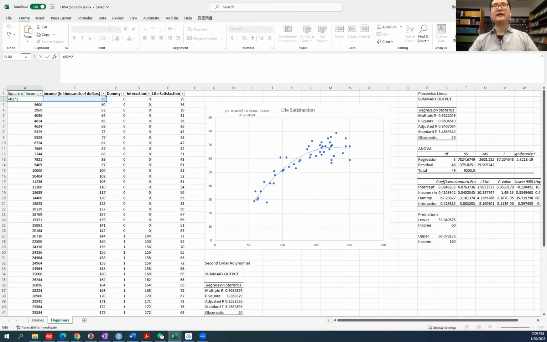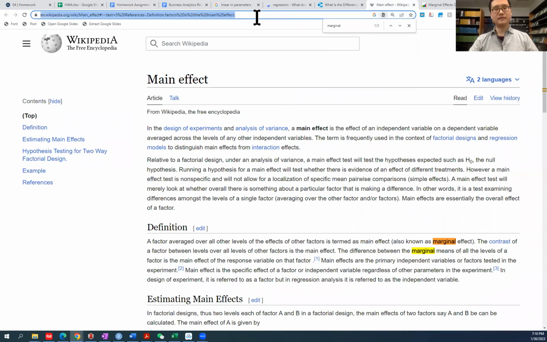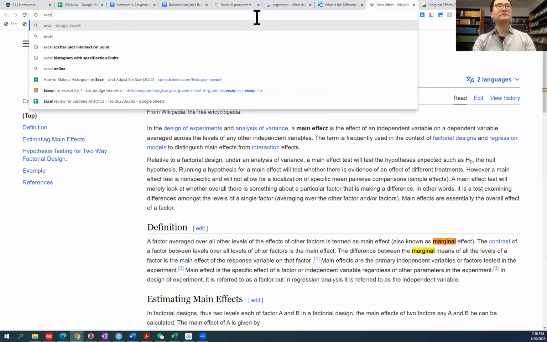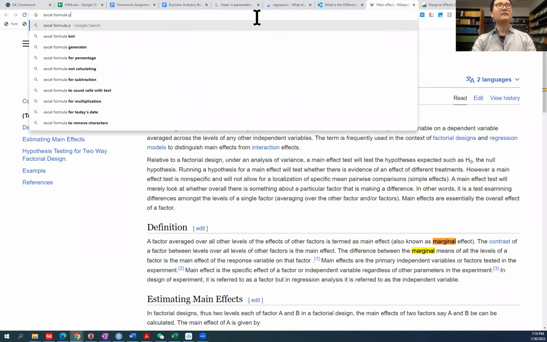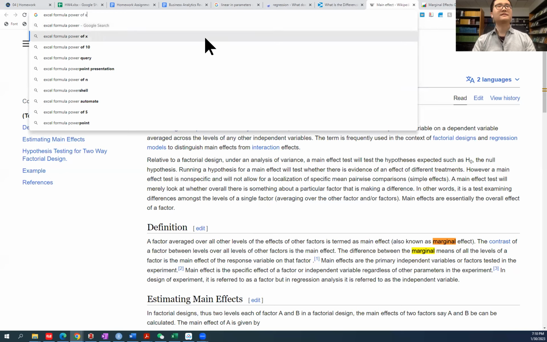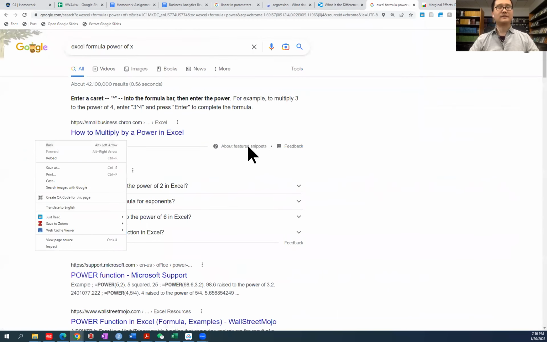Yeah, in such cases where you're not sure how to calculate certain quantities in Excel, always use Google search. It's quite helpful. For example, in this case, we would type Excel formula power of X. And here are some links to how to calculate power in Excel.